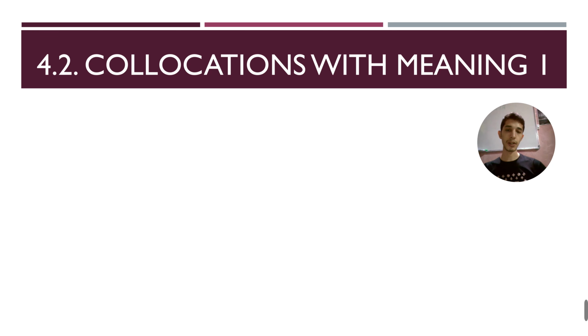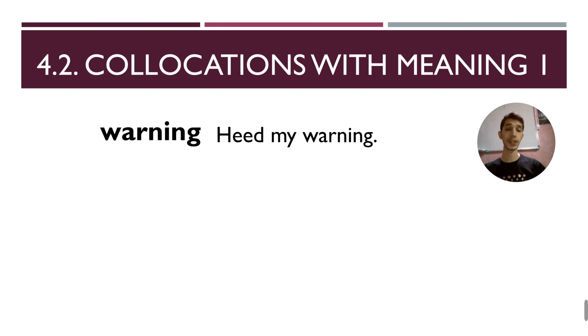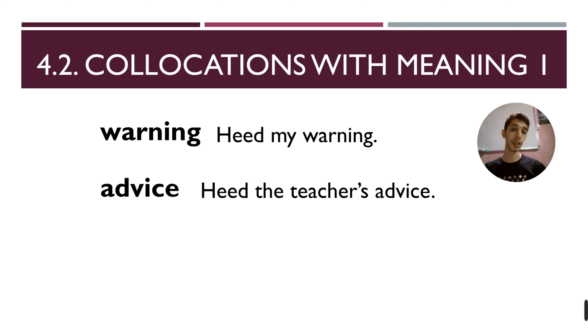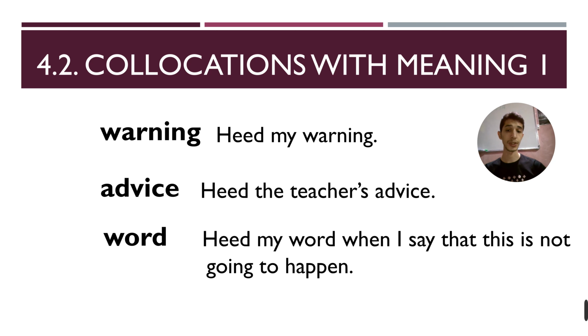So collocations are like, for example, warning. An example is heed my warning. Another one, advice. For example, heed the teacher's advice. And word, for example, heed my word when I say that this is not going to happen.